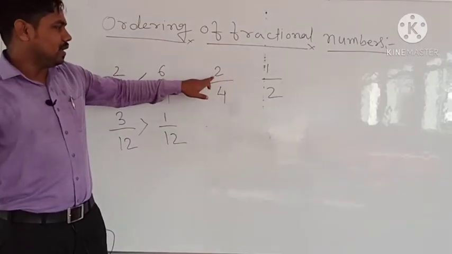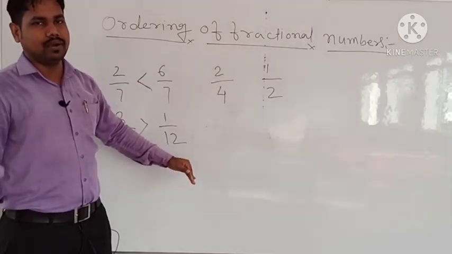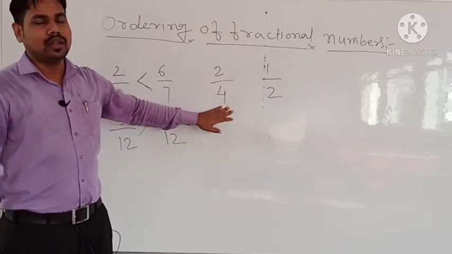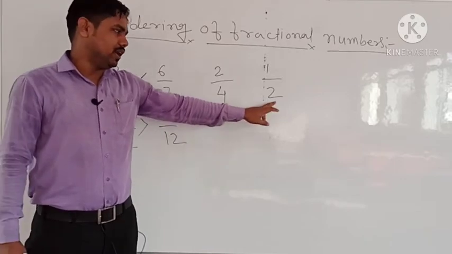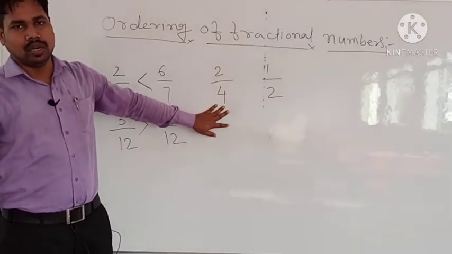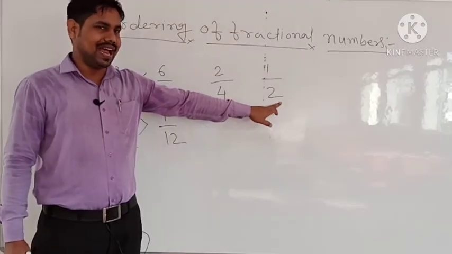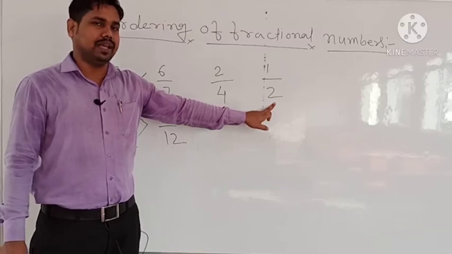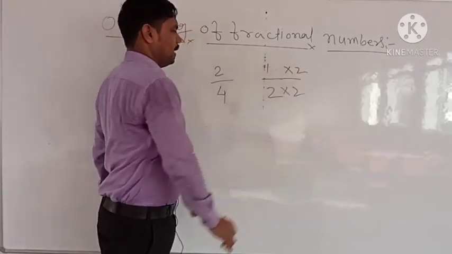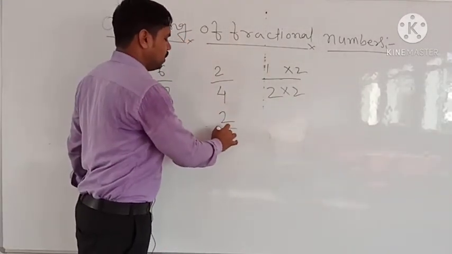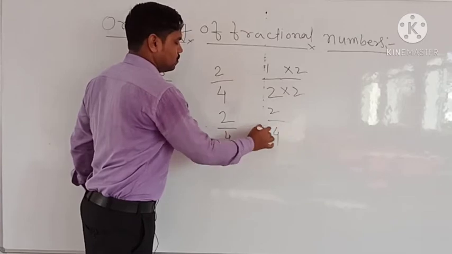Now if you say that since this numerator is greater, this will be greater, that will not be applicable here. Why? Because here the denominators are different. So in that case, what we used to do is make both denominators equal. You have to see how much we should multiply in this so that the denominator becomes 4. So multiplying 2 by how much will make 4? 2, definitely. So if we multiply by 2 here, we have to multiply by 2 here also. So the new number which will be formed is 2/4 and here also 2/4. So both the numbers will be equal.